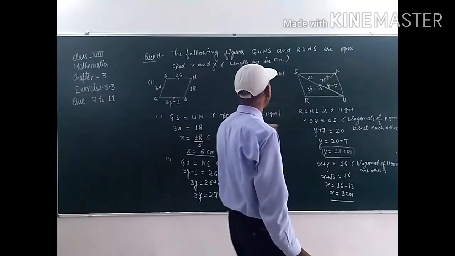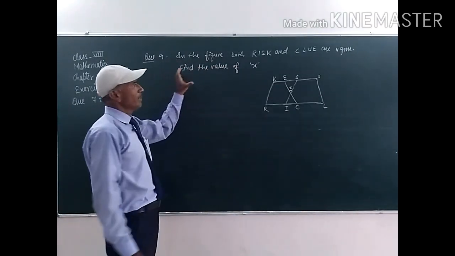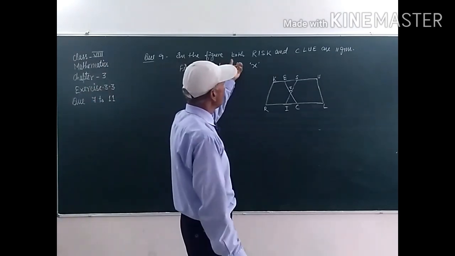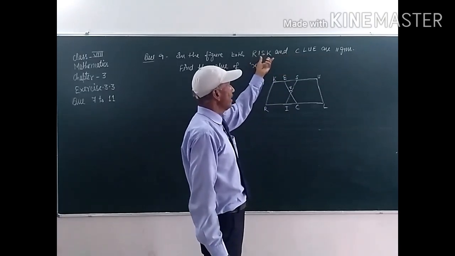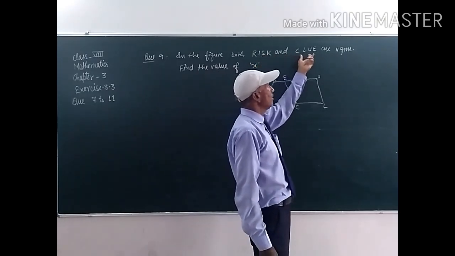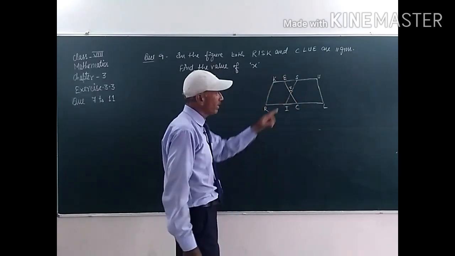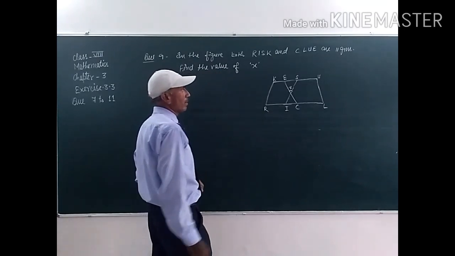Now we have to solve question number 9, student. This is question number 9, student, and in this figure, both RISK and CLUE are parallelograms. There are two parallelograms, student, in this figure. Find the value of x.